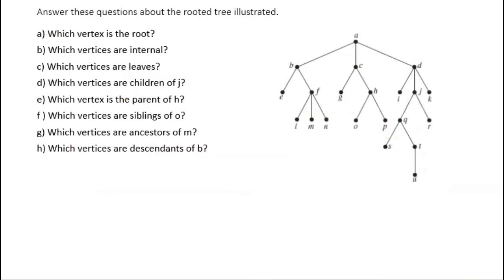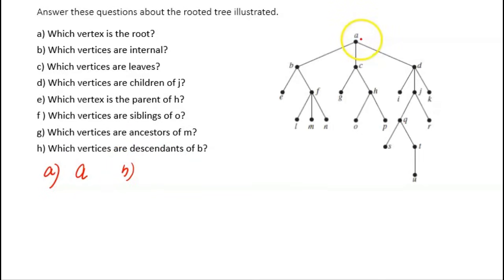Okay, so now let us move to the next problem of this kind to be clear about all the terms that we just learned. The first part: which vertex is the root? Let me write the answer here. The root is A, right? This vertex is the root. Second part, which vertices are internal vertices.